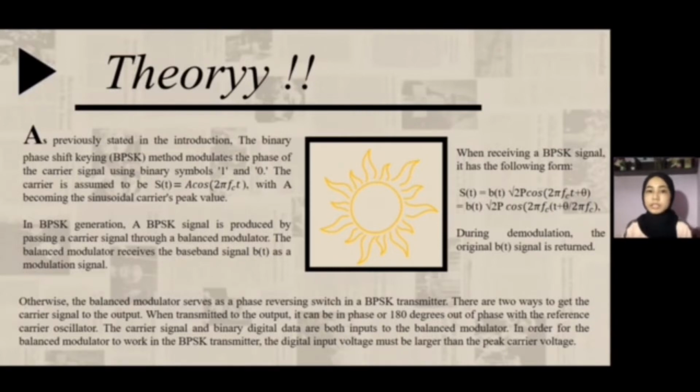The carrier is assumed to be s(t) equal to A cos 2 pi fc t, with A being the sinusoidal carrier's peak value. In BPSK generation, a signal is produced by passing a carrier signal to a balance modulator. The balance modulator receives the baseband signal, which is b(t), as a modulation signal.